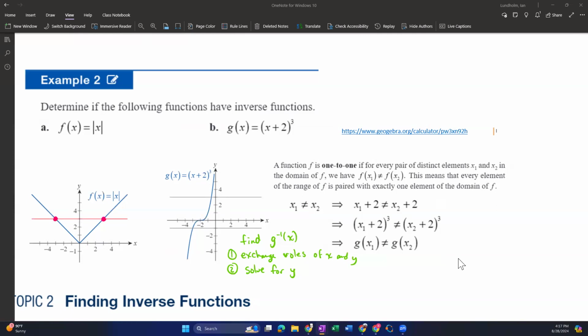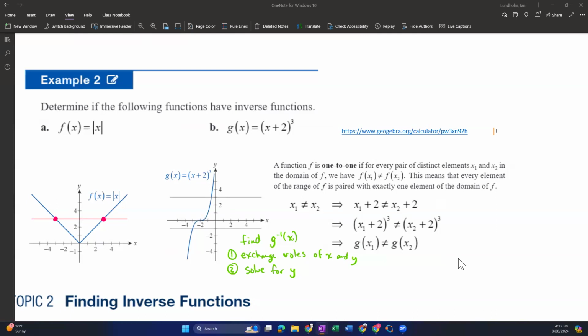If you were going to try to invert this, the inverse would not be a function anymore. It would have two outputs for every input, which is bad.